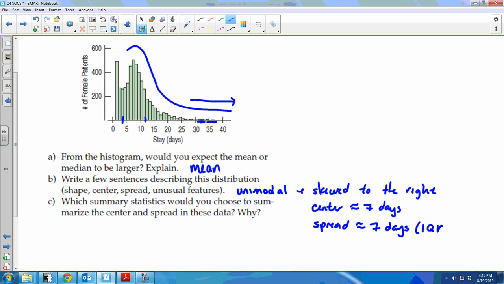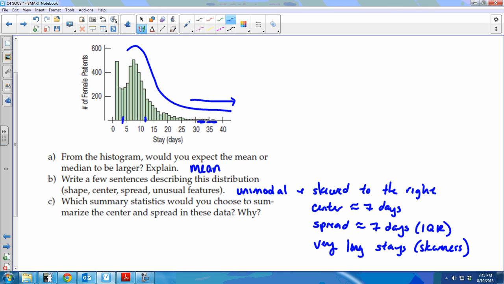These are estimates. I'm completely eyeballing those things, okay? And unusual features, there seems to be some very long hospital stays from the skewness. So I again would write that in some complete sentences, just describing the shape, the center, and the spread.